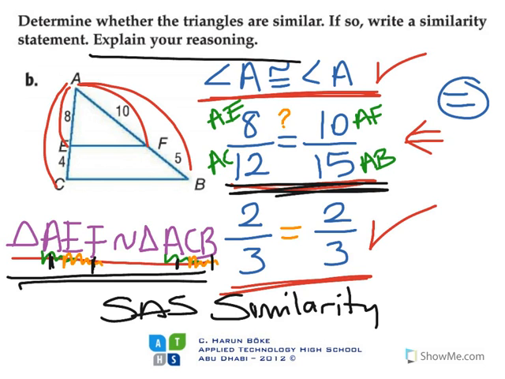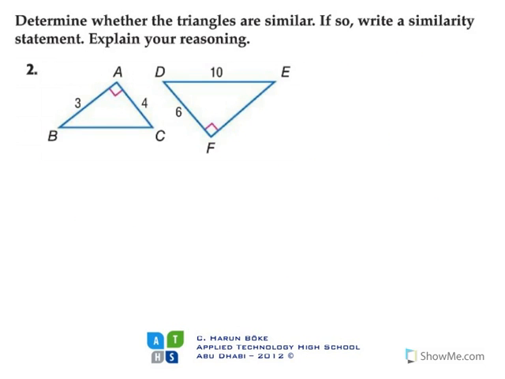Let's see another example. In this example, you have to be careful. Remember that we said we have to find one set of congruent angles and the arms of the angles to be proportional.